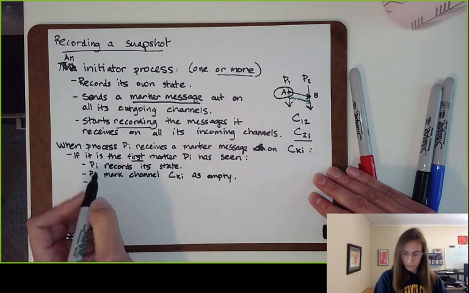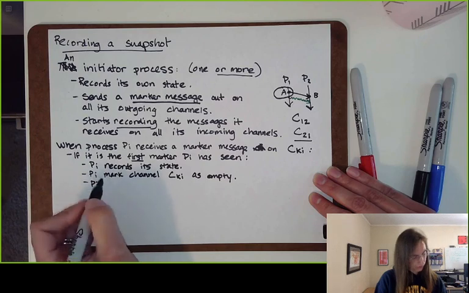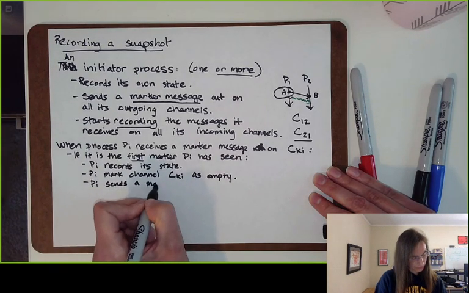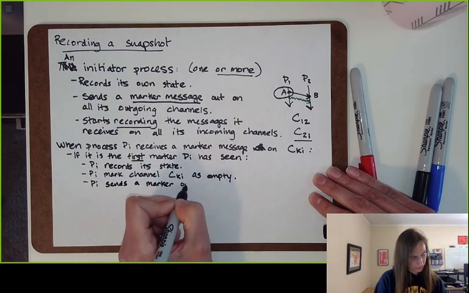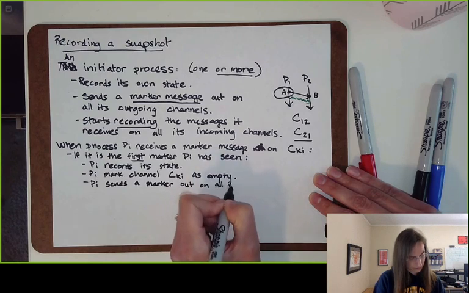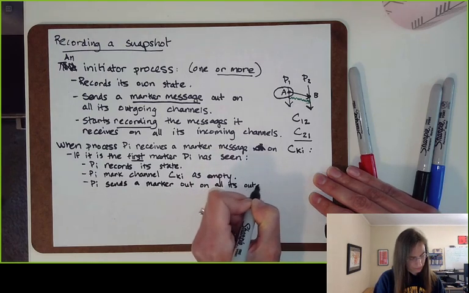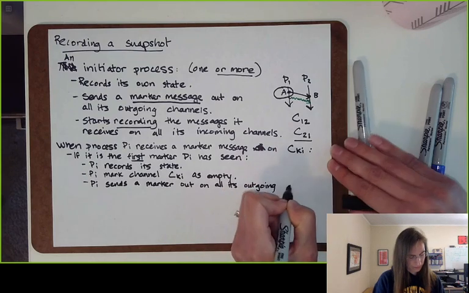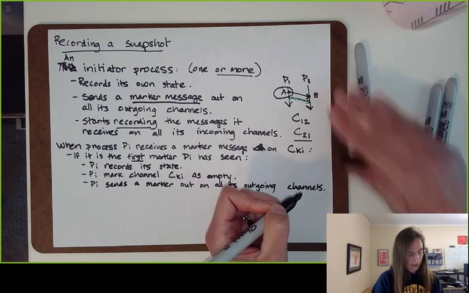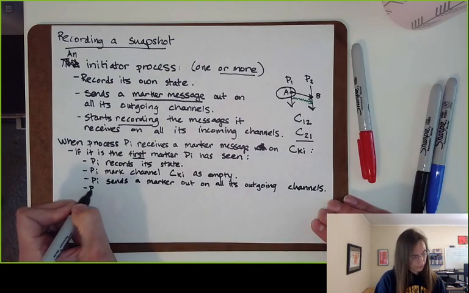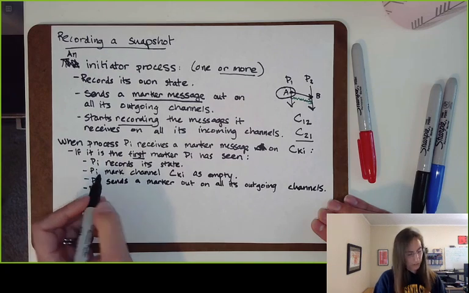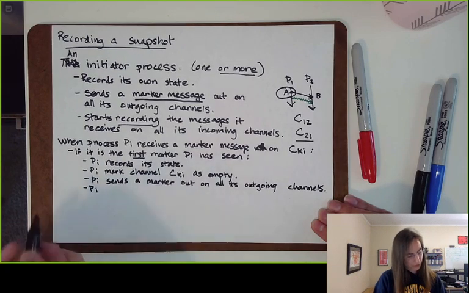Pi is going to send a marker out now on every outgoing channel. And now it's going to start recording incoming messages on all its incoming channels, except for Cki.